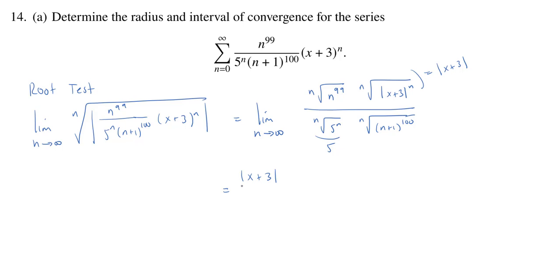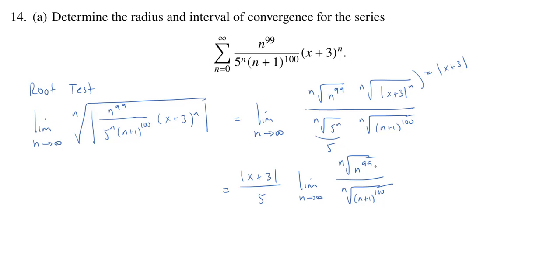So I have the absolute value of x plus 3 over 5 times the limit as n goes to infinity of the nth root of n to the 99th power over the nth root of n plus 1 to the 100th power. And the n plus 1 to the 100th power is not much different from n to the 100th power.